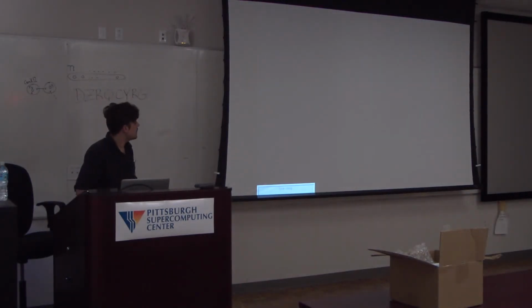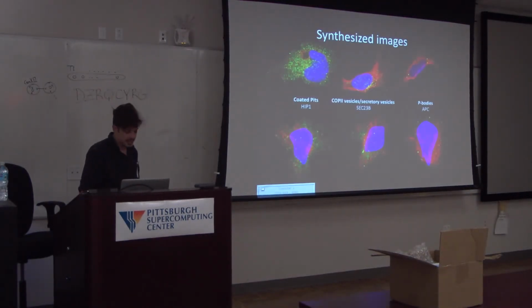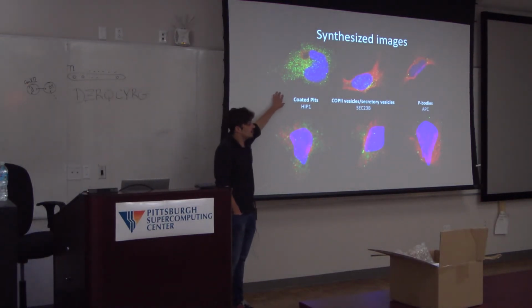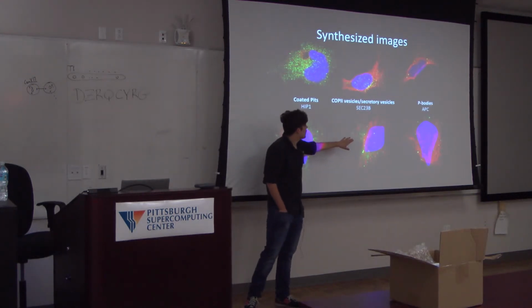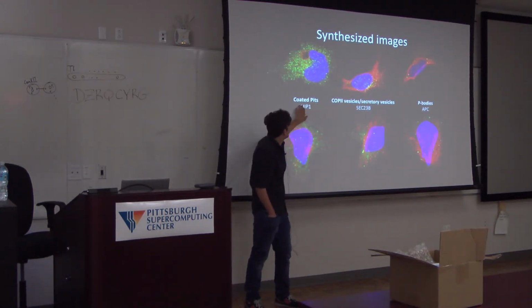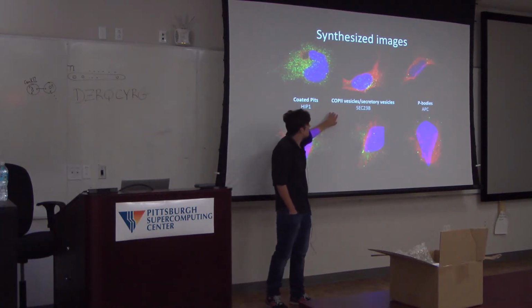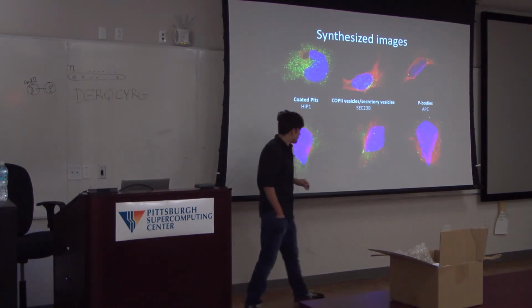So given the collection of cells in our database, our founder protein types, we can train a model given those cells and then generate synthetic cell instances of each of those patterns. So here are 3 of our canonical patterns: coated pits, COP2 vesicles, and P bodies.